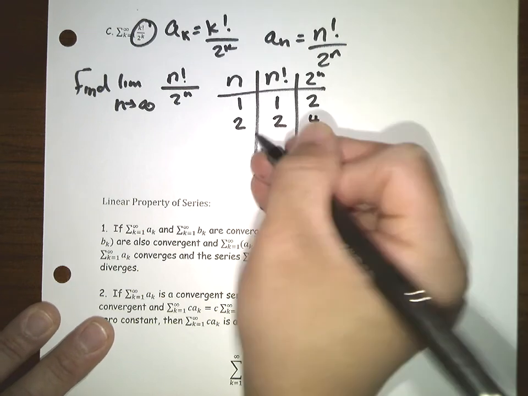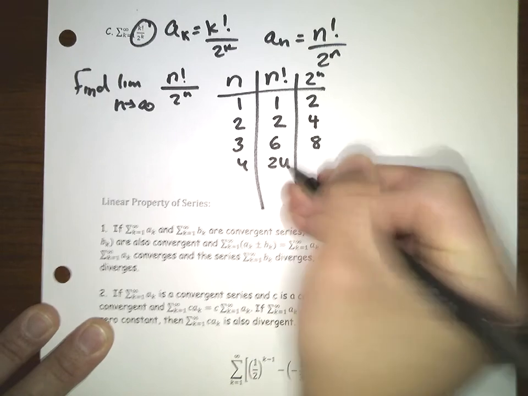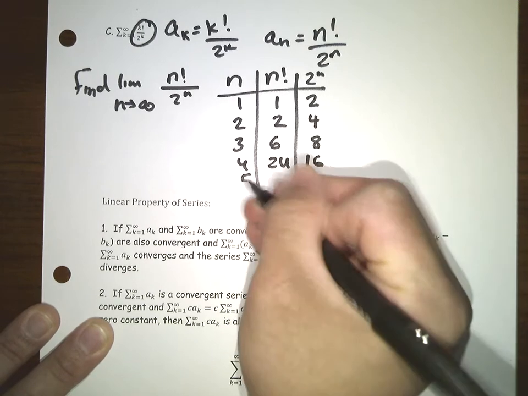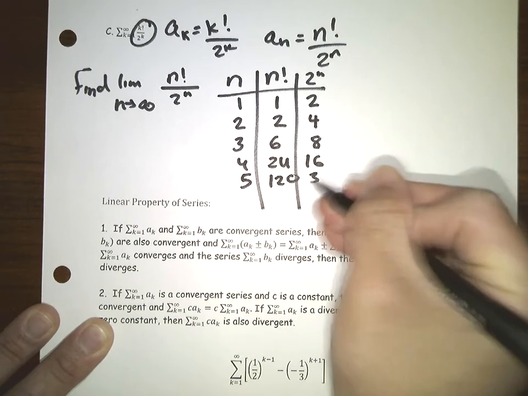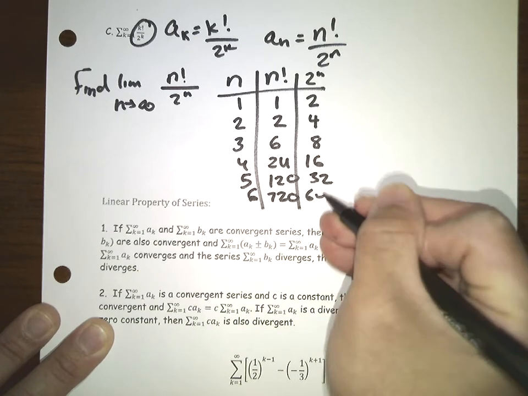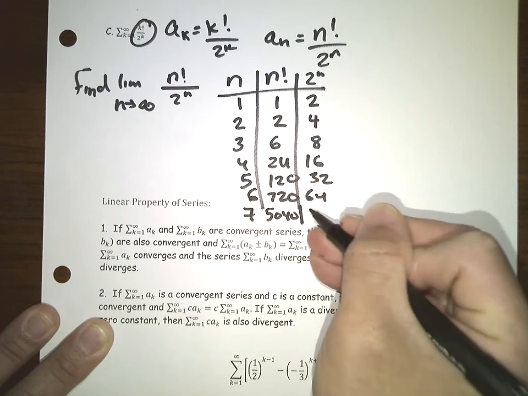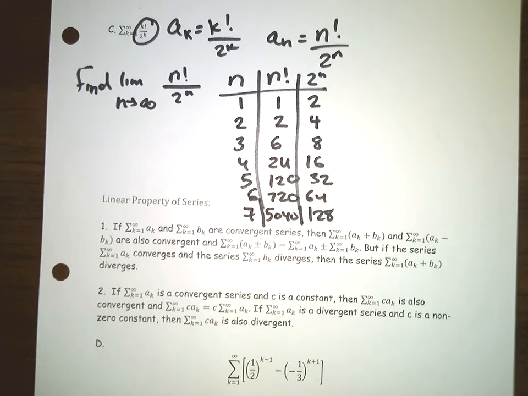Then we have 3: 6 and 8; 4: 24 and 16; 5: 120 and 32; 6: 720 and 64; 7: 5040 and 128. So I'm talking about the order of the numerator and the denominator.